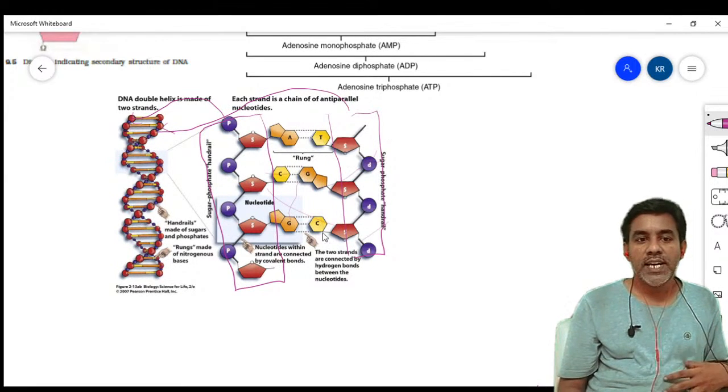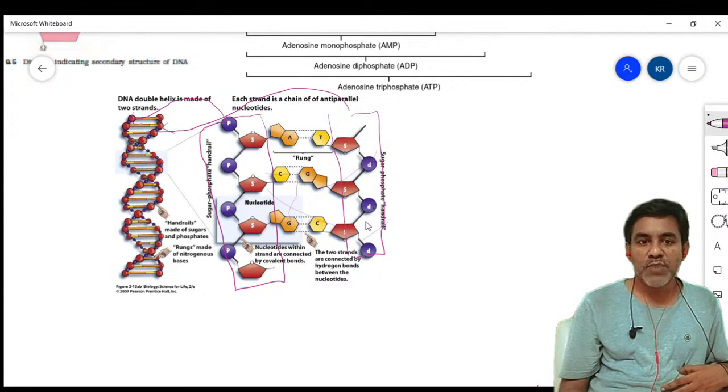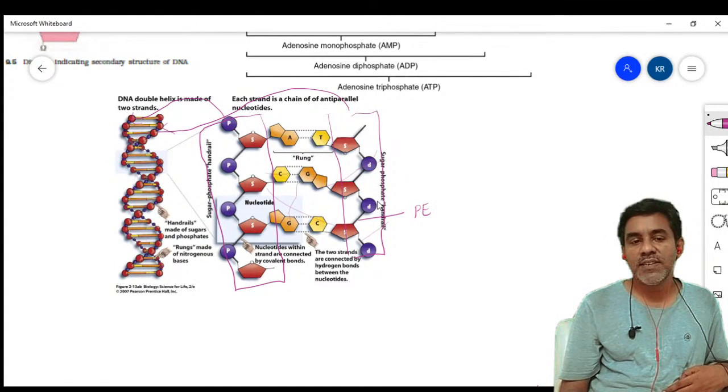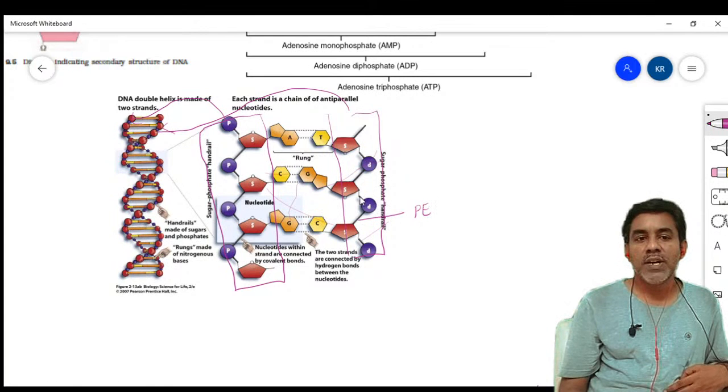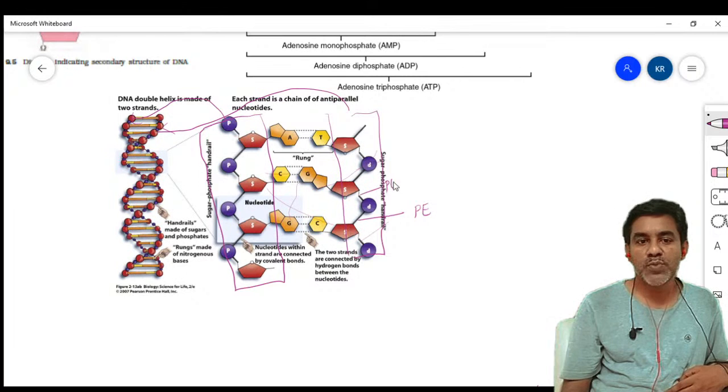Here in between the nitrogen base and phosphate, this bond is the phosphoester bond. But this phosphate makes bonds with 2 sugar moieties at both sides. This one also is a phosphoester bond, hence it is the phosphodiester bond.